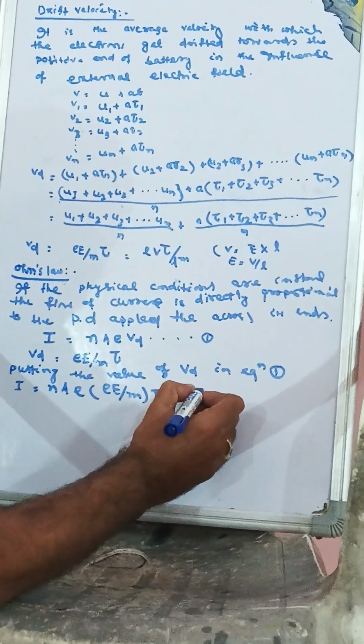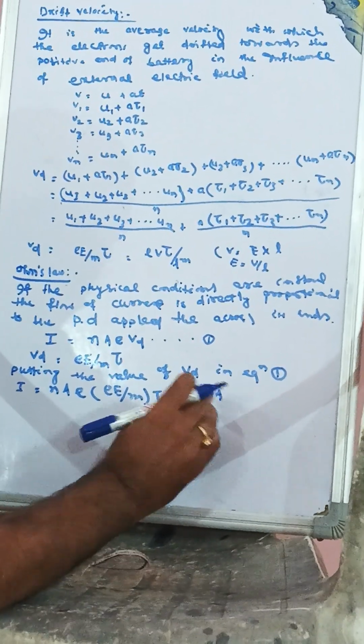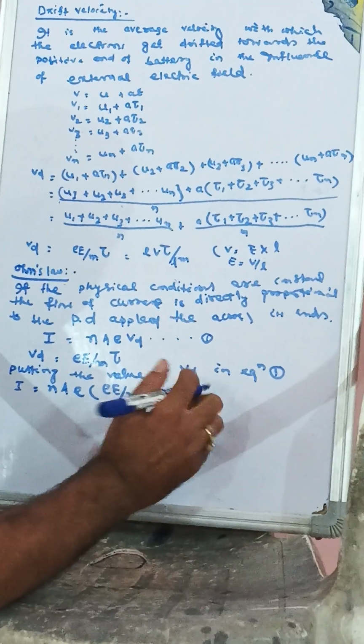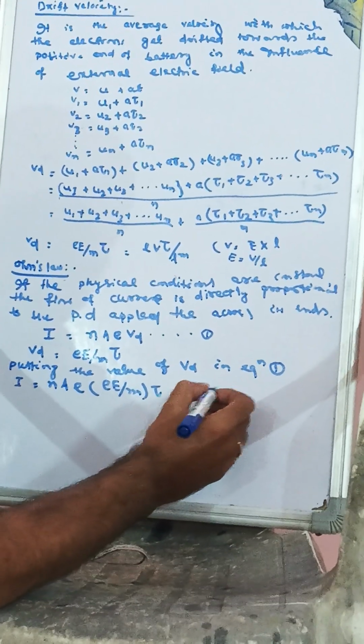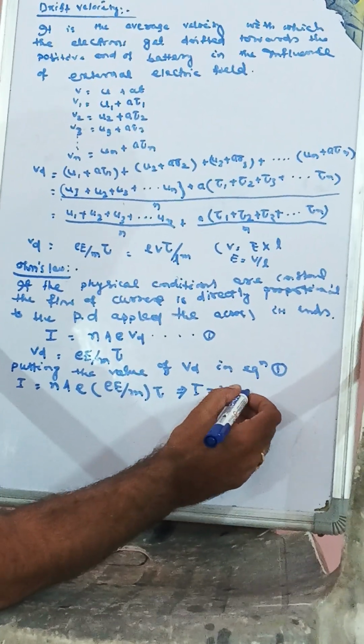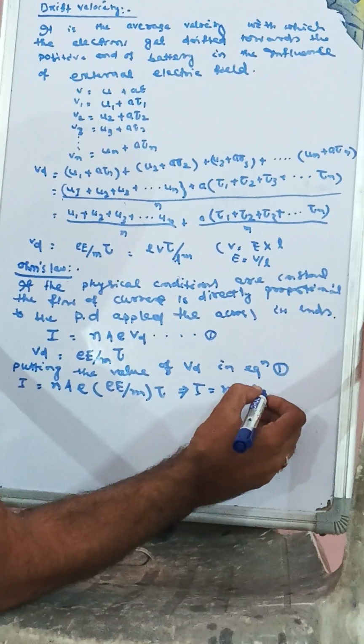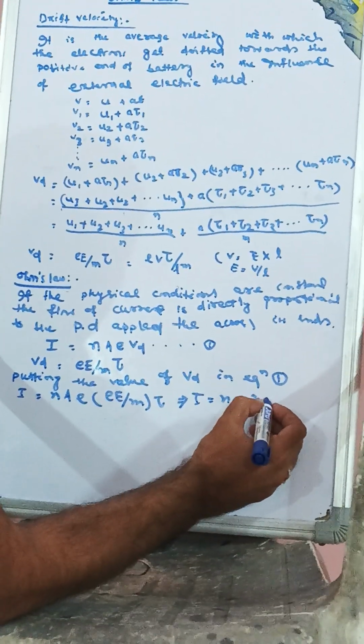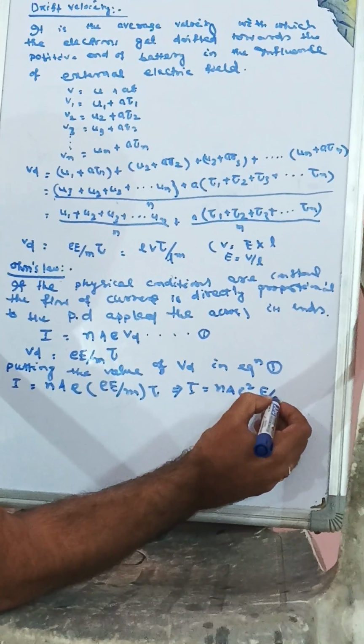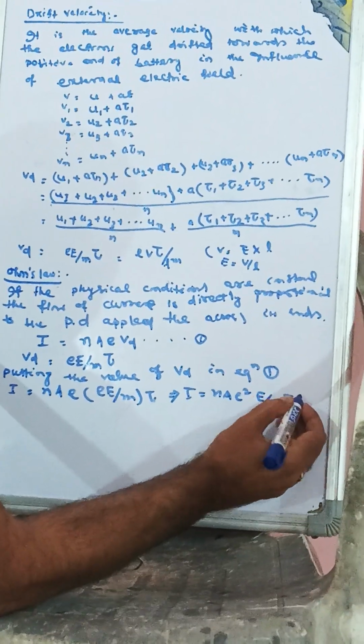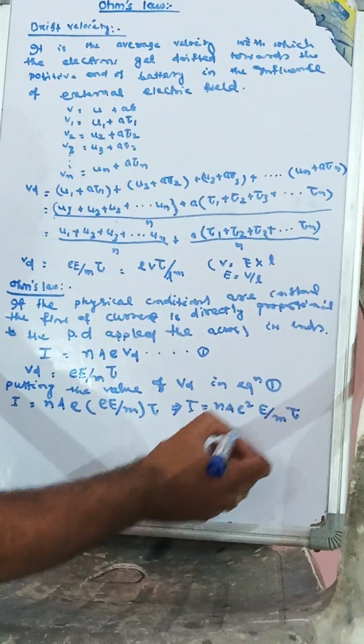Then I is equal to n A e square E by m tau. This is equation 2.